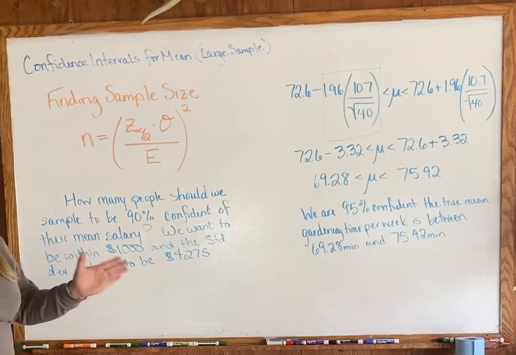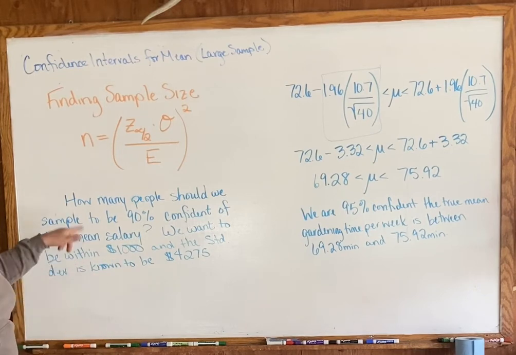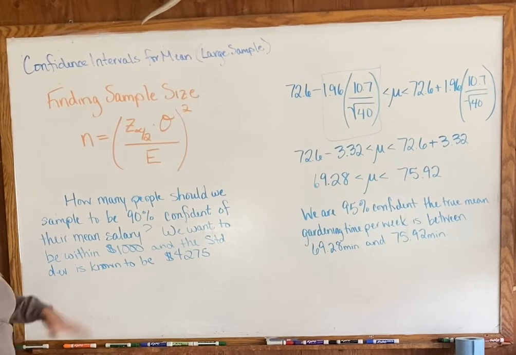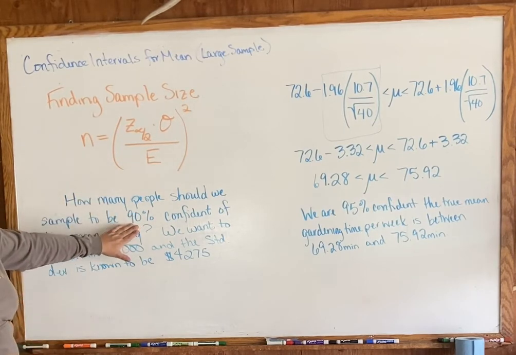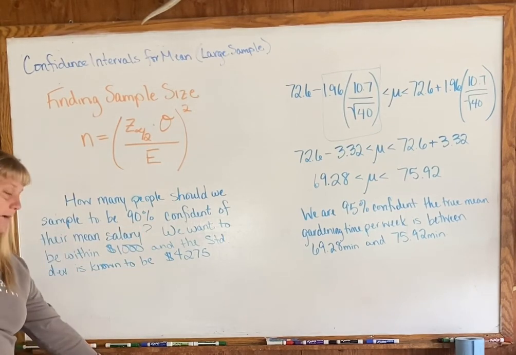So when you give them that interval, they want the interval to be pretty tight. They're giving you what error they're allowing. So we need to know how many people we need to study so that we can give a good enough interval that's 90% confident within $1,000. Okay, so we're gonna set this up.